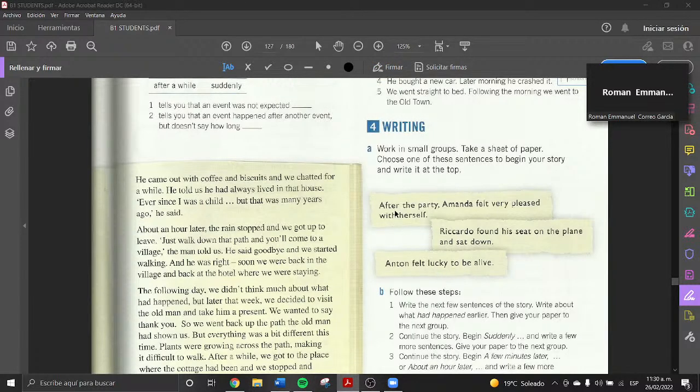After the party, what is the meaning of placid? In the first one, after the party, Amanda feels very placid. I don't know what it is. Blessed. Placid. ¿Qué? ¿Colocado? Satisfecho o contento. Very pleased. Okay, sí. Thanks.